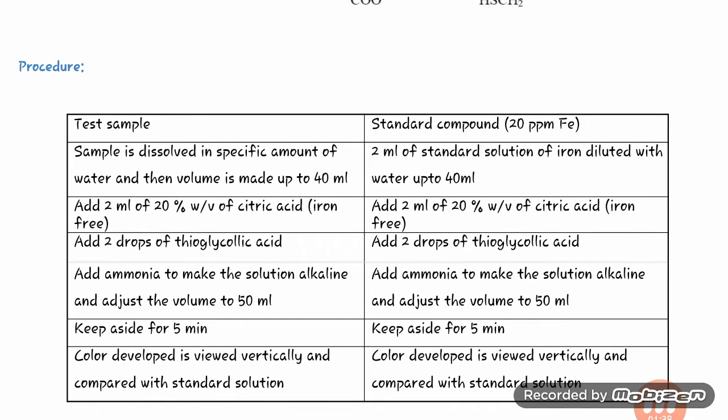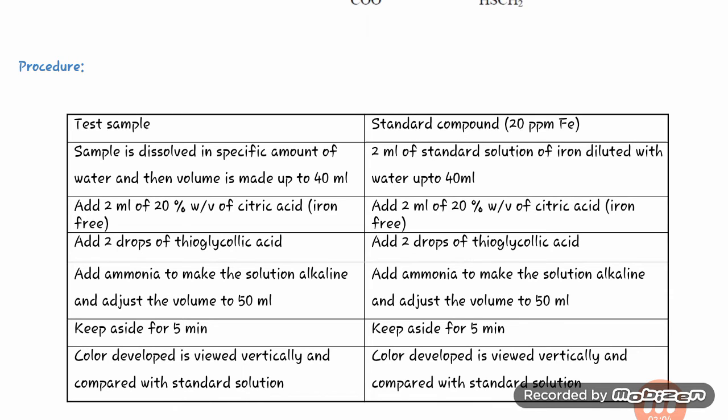As I told you earlier, we will perform two tests here: the test for the test sample, and then the test for the standard compound. First, let's start with the test sample. The sample is dissolved in a specific amount of water, and then the volume is made up to 40 ml. Add 2 ml of 20% weight by volume citric acid to that.